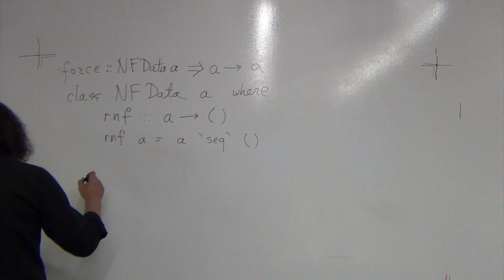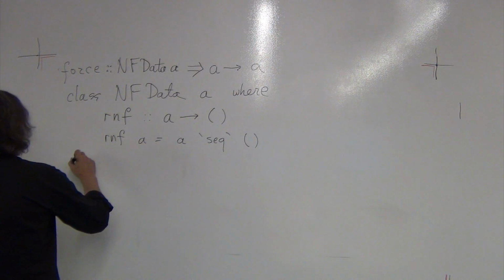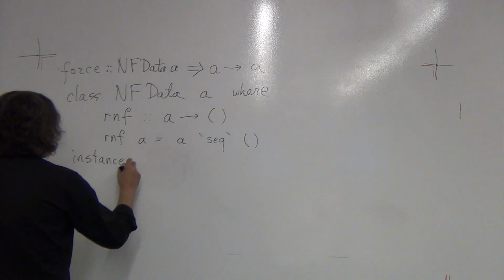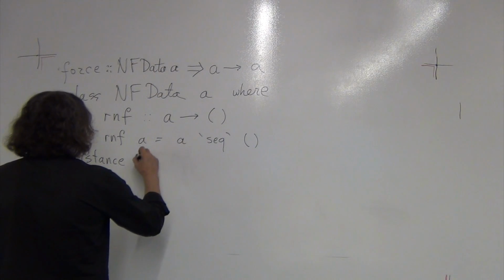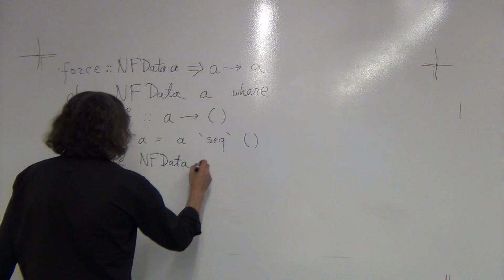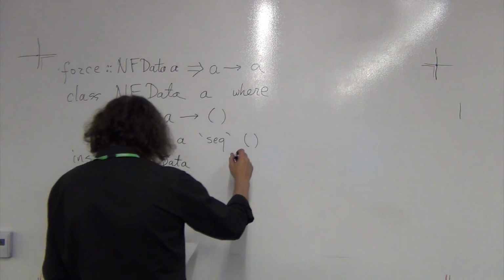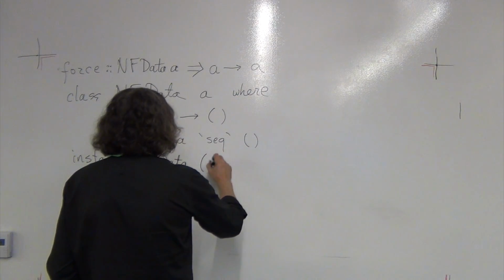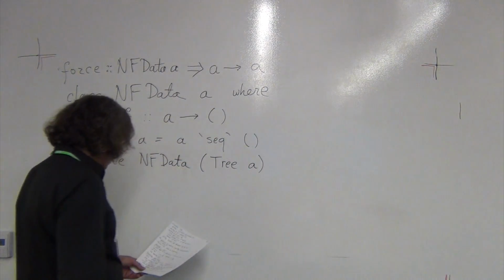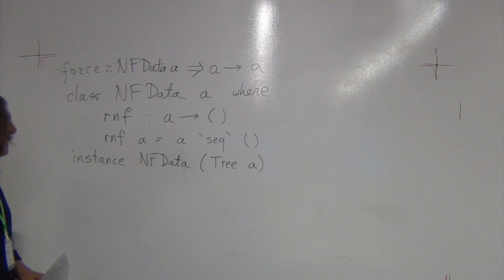Yeah, for a tree we can say instance NFData of Tree of a. Okay.